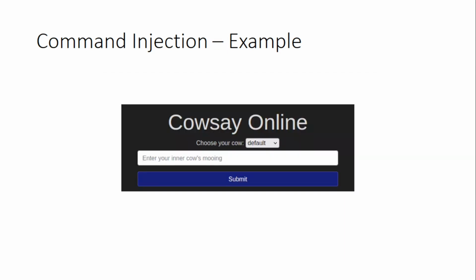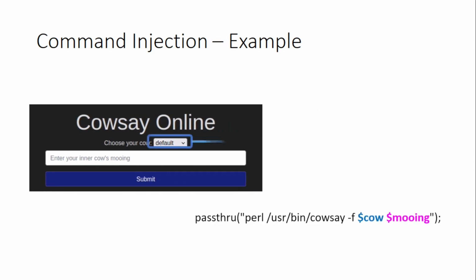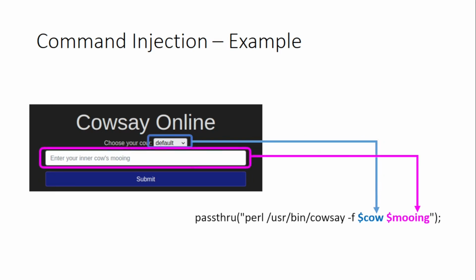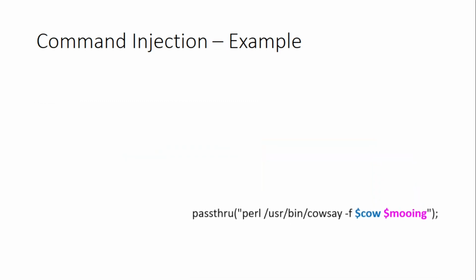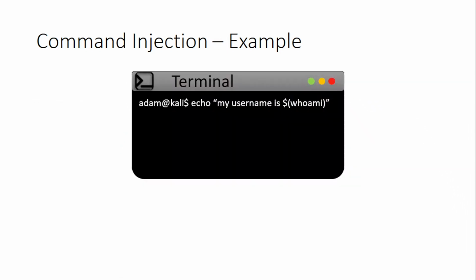For example, we end up with the default in the variable cow, and in the variable mooing, whatever we enter in that input field. Once this is done, we get this. So if we wanted to exploit it, we first have to know how the application works behind the curtains.